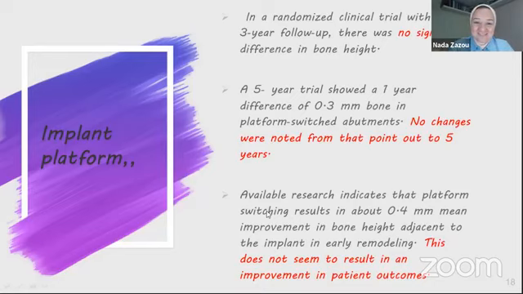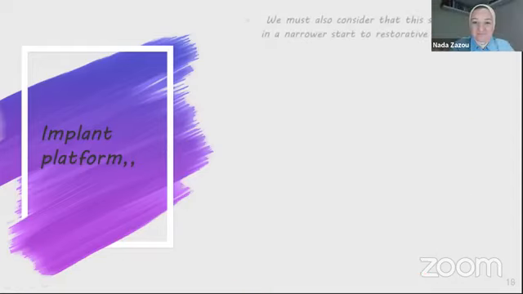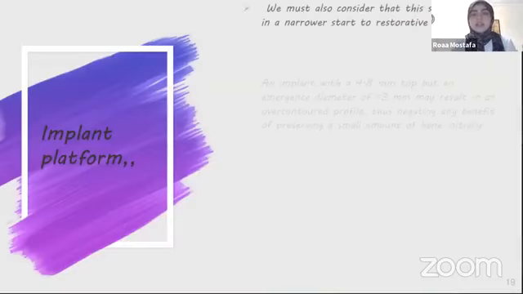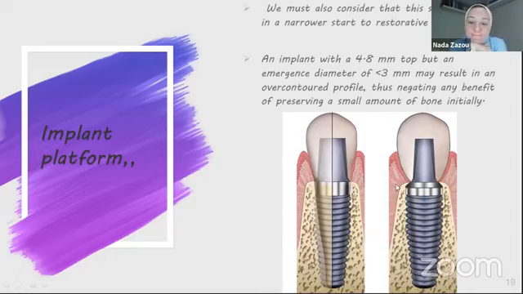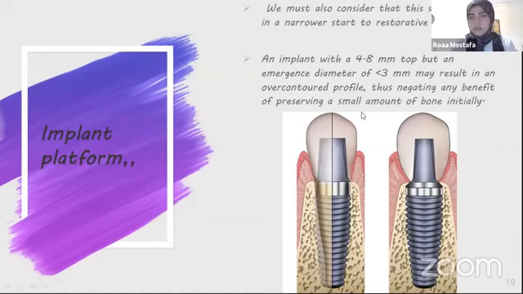Okay. So again, thinking of the prosthesis we are going to make, platform switched implants allow for a very narrow start of the prosthesis. So there will be an over-contoured restoration in comparison to the non-platform switched implants, where there will be a regular restoration, so I will not have any problem concerning over-contouring.